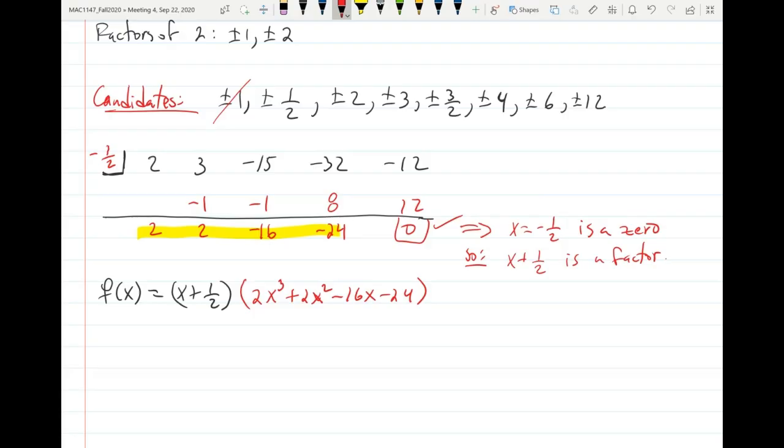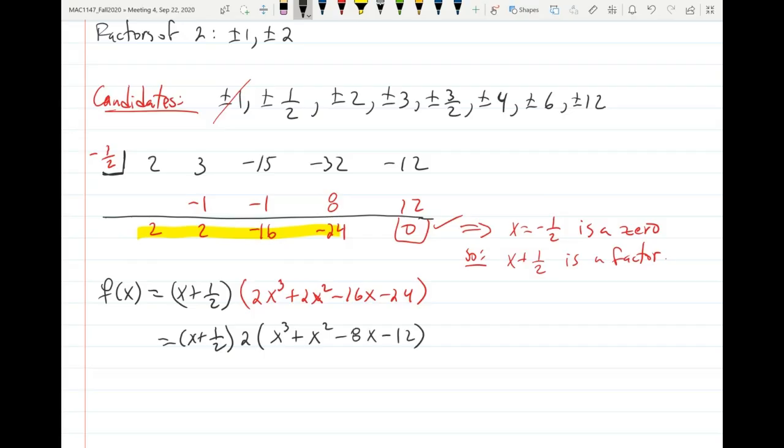So now we're going to work on the red polynomial. But before we do that, notice that all the coefficients here are even numbers, so I'm going to factor out the 2, just to lower the numbers. The smaller the numbers, the better. So x cubed plus x squared minus 8x minus 12. That's good.